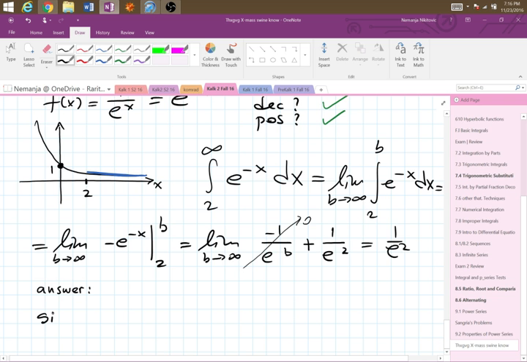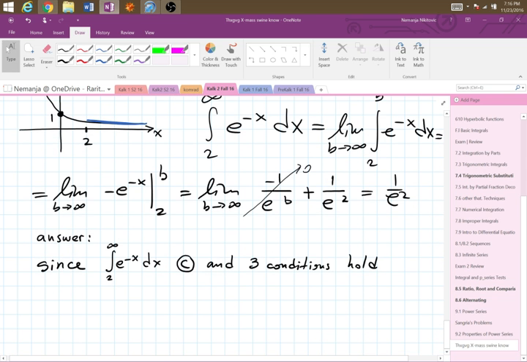The answer says: since the integral from 2 to infinity of e to the minus x dx converges, and the three conditions hold, the series summation of 1 over e to the k from 2 to infinity converges by the integral test.